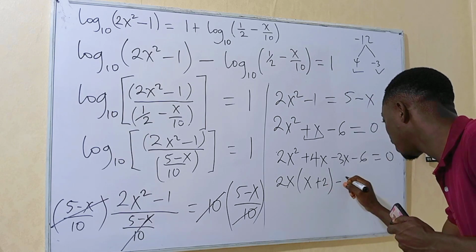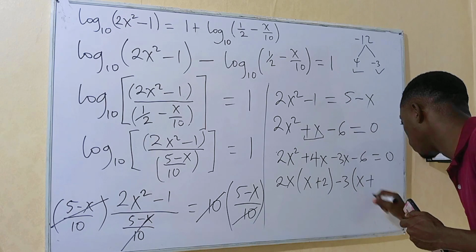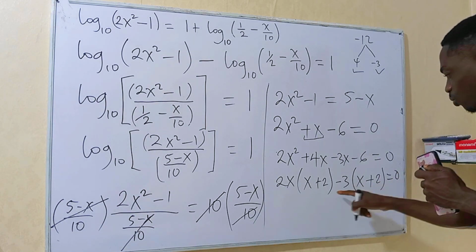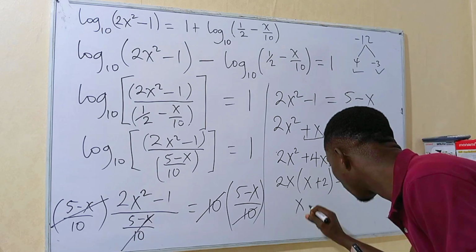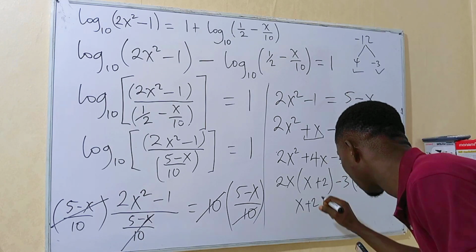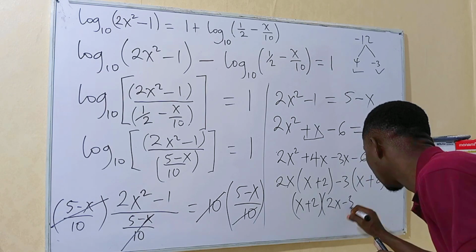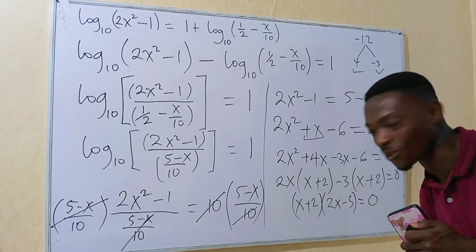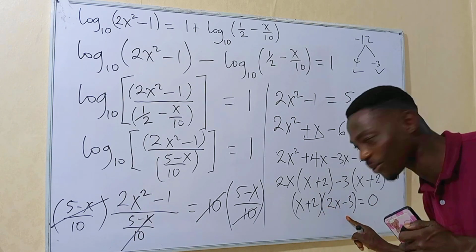Then from here, negative 3 is common, so I take it out, and we are left with x plus 2, and this is equal to 0. x plus 2 is common, so we can also factorize that. And so we are going to have x plus 2 multiplying 2x minus 3 is equal to 0. Product of two factors is 0. It's either this one is 0 or this right here is also 0.